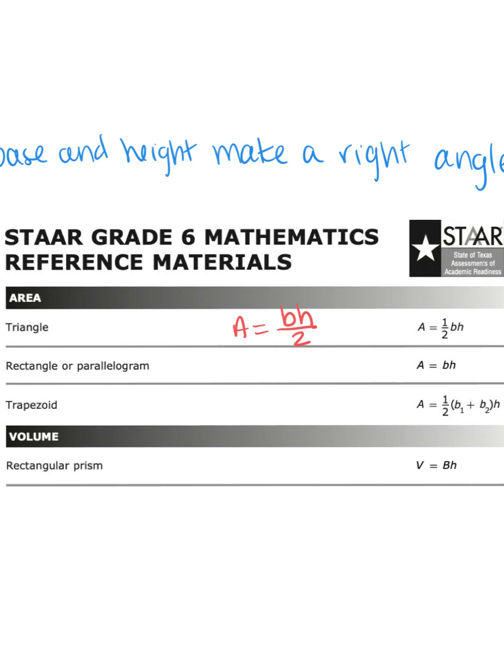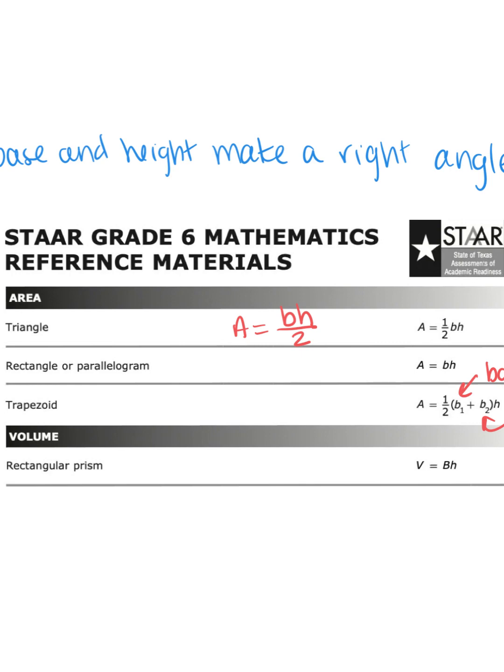With a trapezoid, we have a B1, B2, and an H. So B1 is the length of base 1, and B2 is base 2. In a trapezoid, that would be like these two right here, and then you have those connecting. And then the height has to make that right angle with one of the bases.